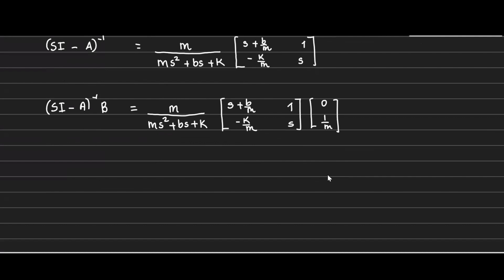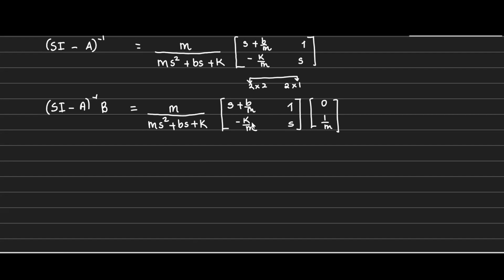Now we have to multiply these two matrices. Remember, matrix multiplication is row by column. This is a 2 by 2 matrix and this is a 2 by 1 matrix, so the result will be a 2 by 1 matrix.